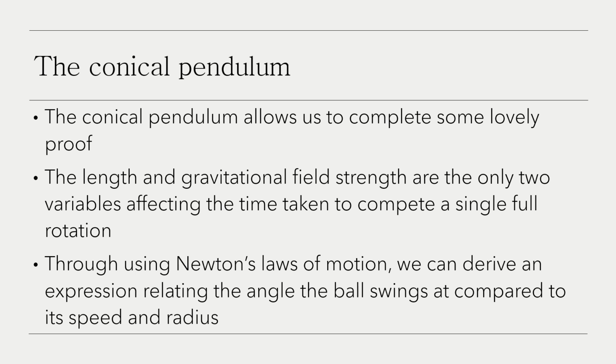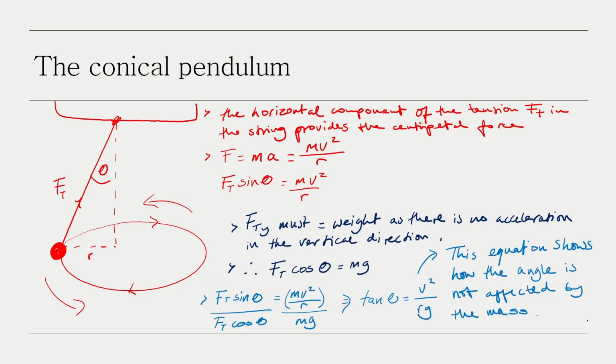So I'm going to show you how we get to this derivation. Now, using our understanding of circular motion, centripetal acceleration, and horizontal circles, you need to watch those videos if you haven't already to understand this. We know that the horizontal component of the tension force here, which we're going to call Ftx, which is also our opposite, is going to be providing the centripetal force in this particular situation, keeping it moving in a circular path. And we know that the magnitude of centripetal force is equal to mv squared over r.